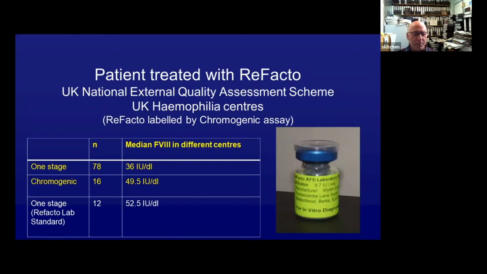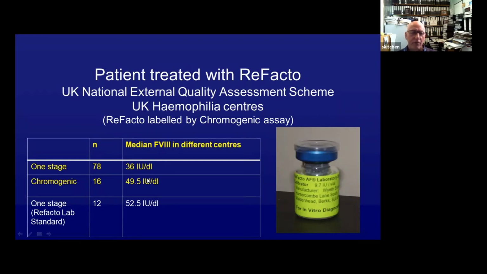We've known about the possibility of assay-related differences in the measurement of infused factor VIII for many years. This slide shows some data from a proficiency testing exercise, UK NEQAS, a test sample analysed by 78 labs doing one-stage assays, the same sample analysed by 16 laboratories doing chromogenic assays. These were the average results. They're not the same.